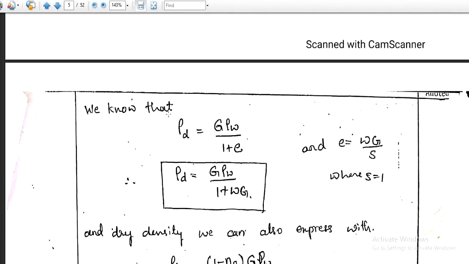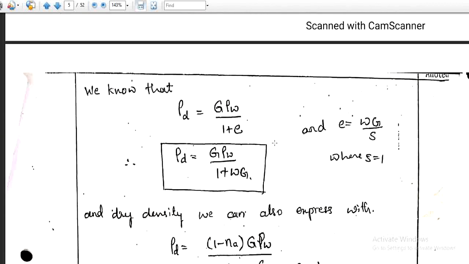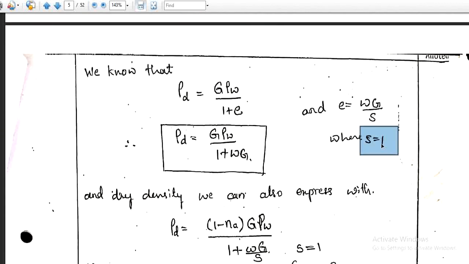Next, we know this particular equation which is applicable for dry density. When I take the condition which says that saturated dry density is equal to theoretical maximum dry density, saturated dry density is nothing but S equal to 1, that is, completely saturated.